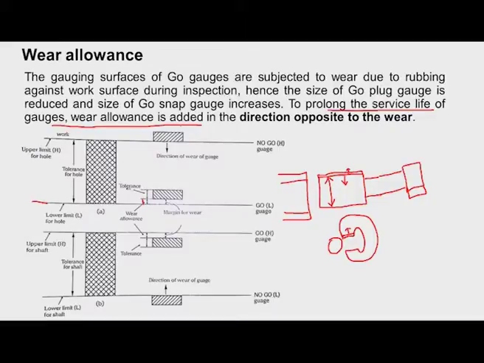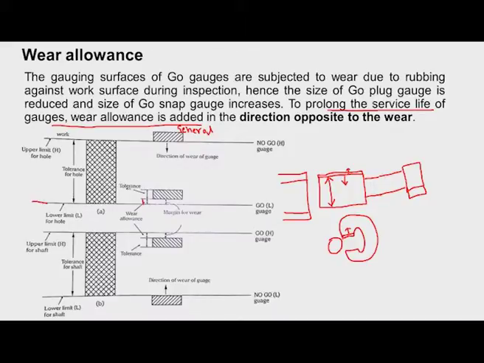This is what we say the general class of gauges. So there are different types or classes of gauges: general type of gauges, workshop gauges, inspection gauges. In the case of general class of gauges, this is how the tolerance is provided.